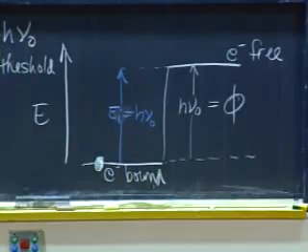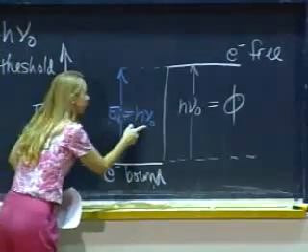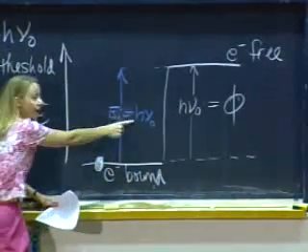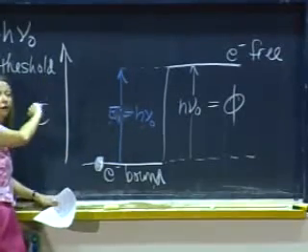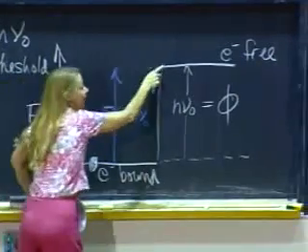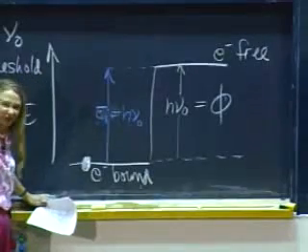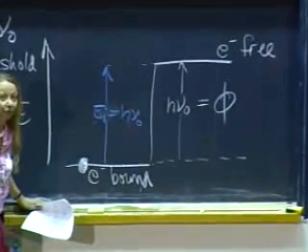If you come in with energy of this radiation, of this frequency, you pull the electron off, and then the electron is off the metal, and it just kind of stays there, doesn't move away.